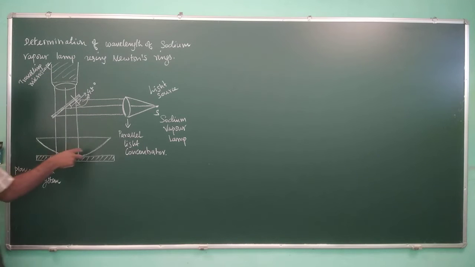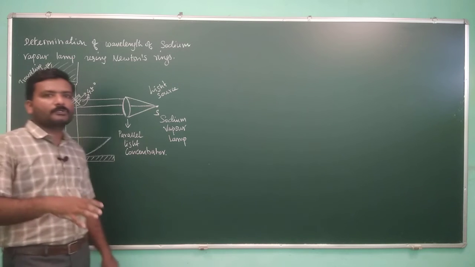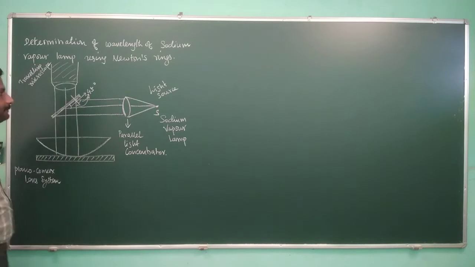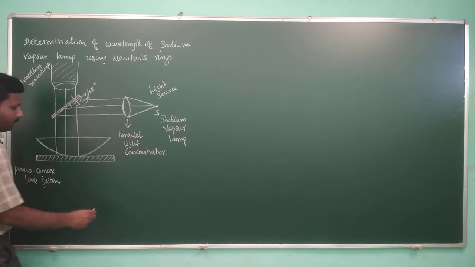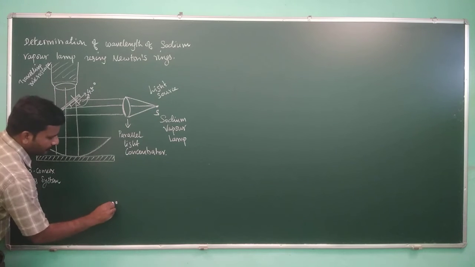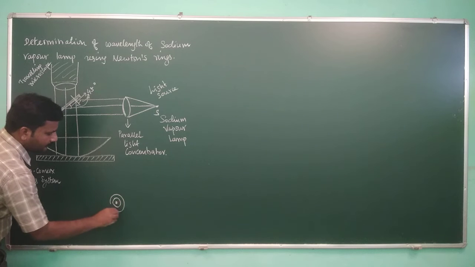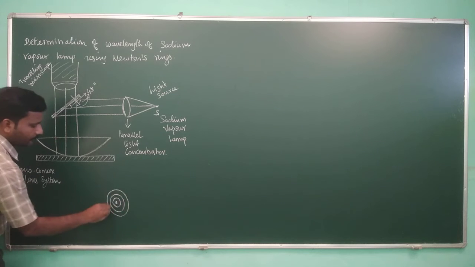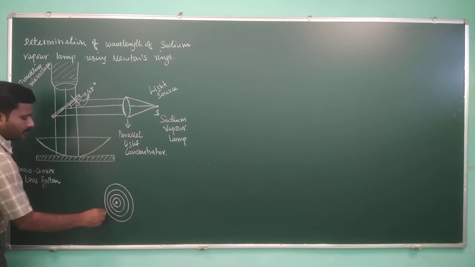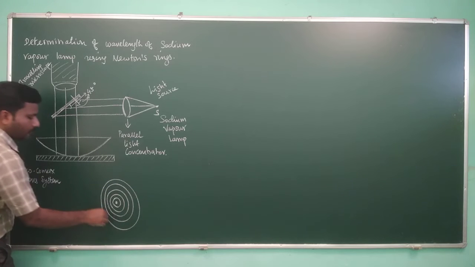Due to the interference phenomenon in the plano convex lens system, you will be able to observe concentric, consecutive bright and dark circles in the traveling microscope when it is adjusted suitably. So now we will be observing the concentric bright and dark circles. After observing this, we need to do the experiment.